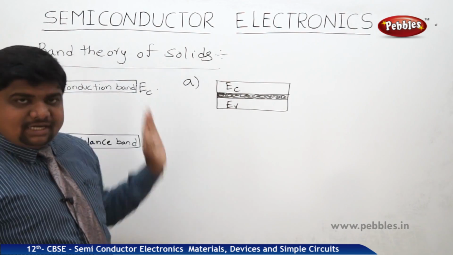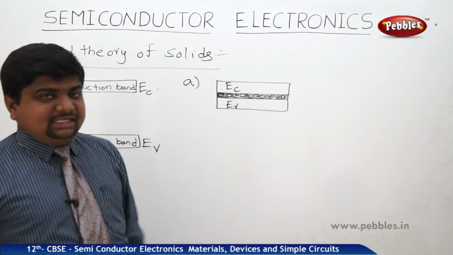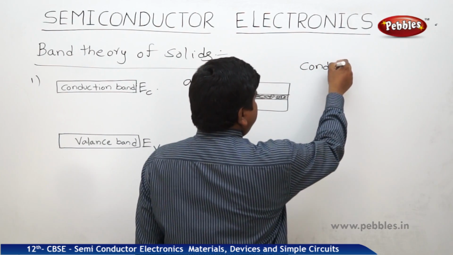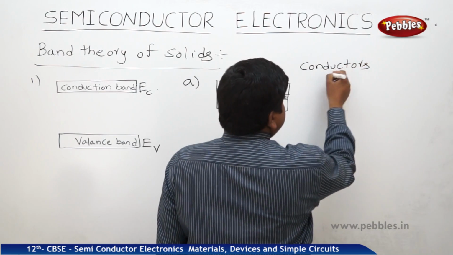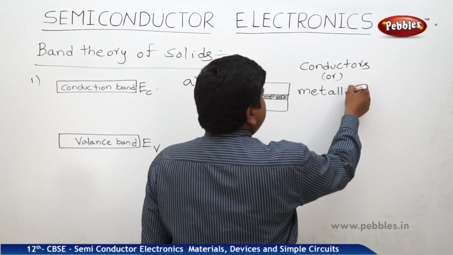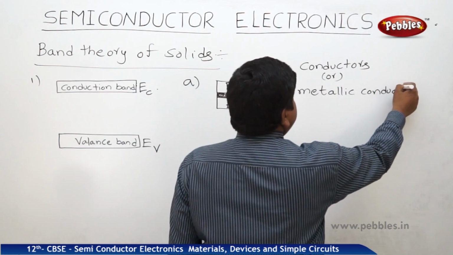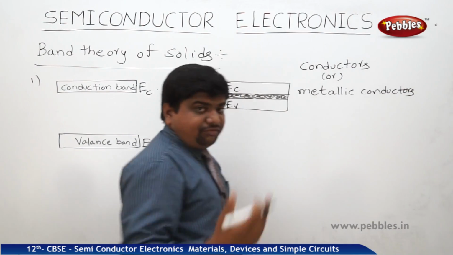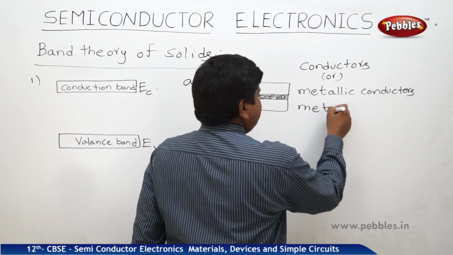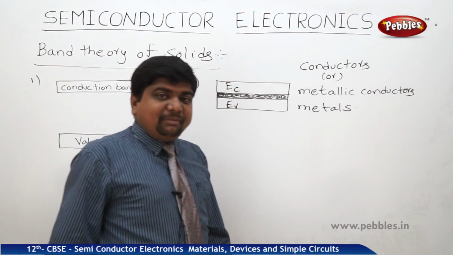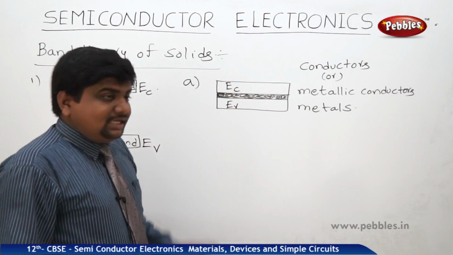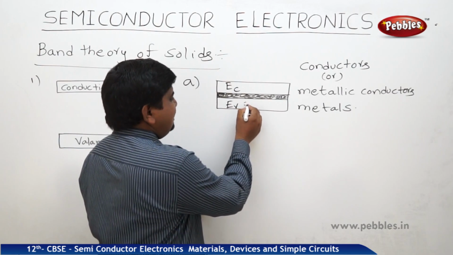Whenever the valence band and conduction band overlap on each other, those solid state materials are called conductors or metallic conductors. In general, we can say metals. So by this, we can say that metals are the best conductors among the solid state categories, because in metals the valence electrons will be there.